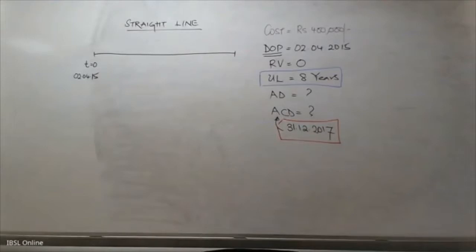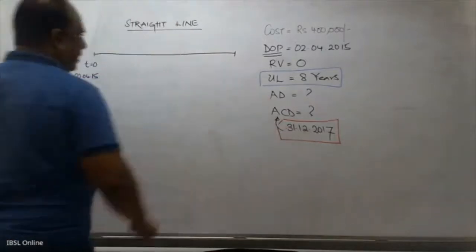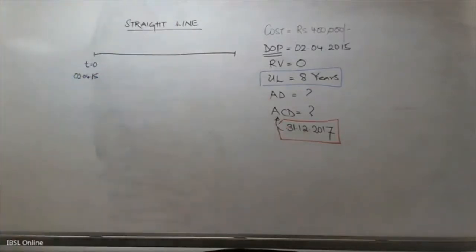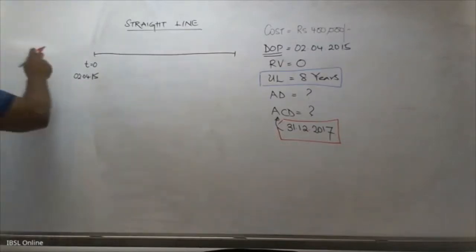As this question asks for accumulated depreciation at 31st December 2017, the company's financial year is from 1st January to 31st December. Right. Now, let's talk about this timeline of this asset.